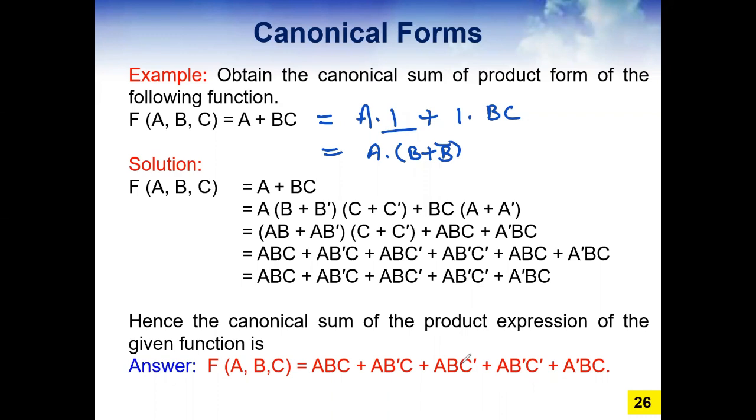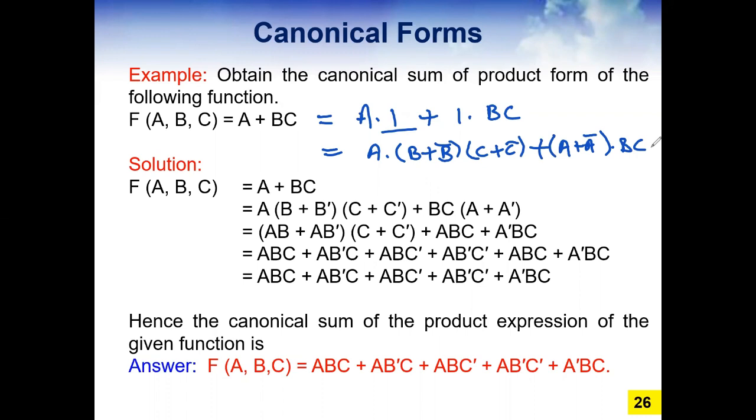Then in the next step we can write C plus C complement, but they are written at the same time, so we can also write C plus C complement. We know that they are equal to 1. And here A plus A complement. And in the bracket BC.